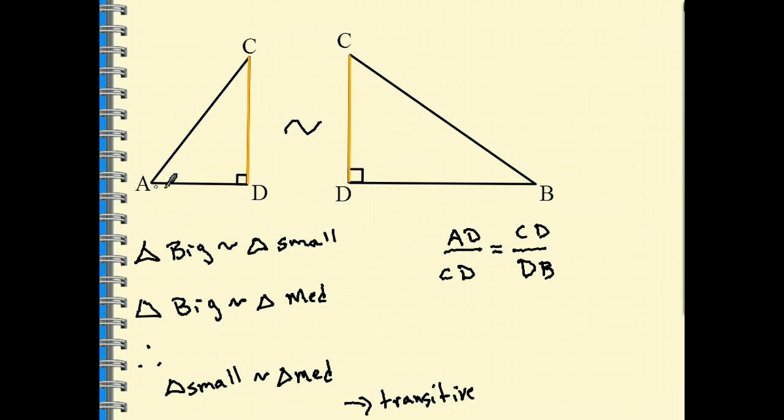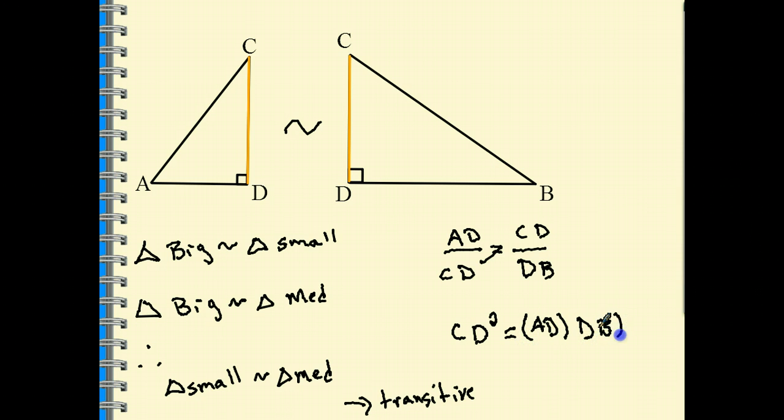AD in the small triangle is the small leg, over CD, the small leg in the medium triangle, is equal to CD, the bigger leg in the small triangle, over the bigger leg, DB, in the medium triangle. Once again, our means are the same. So we find that CD squared is equal to the product of AD times DB.